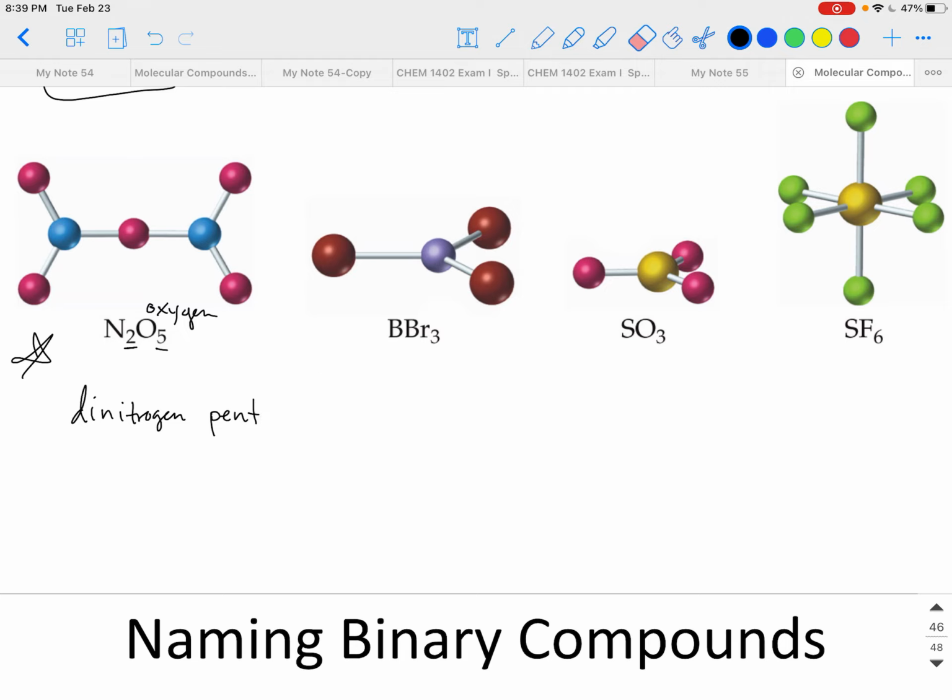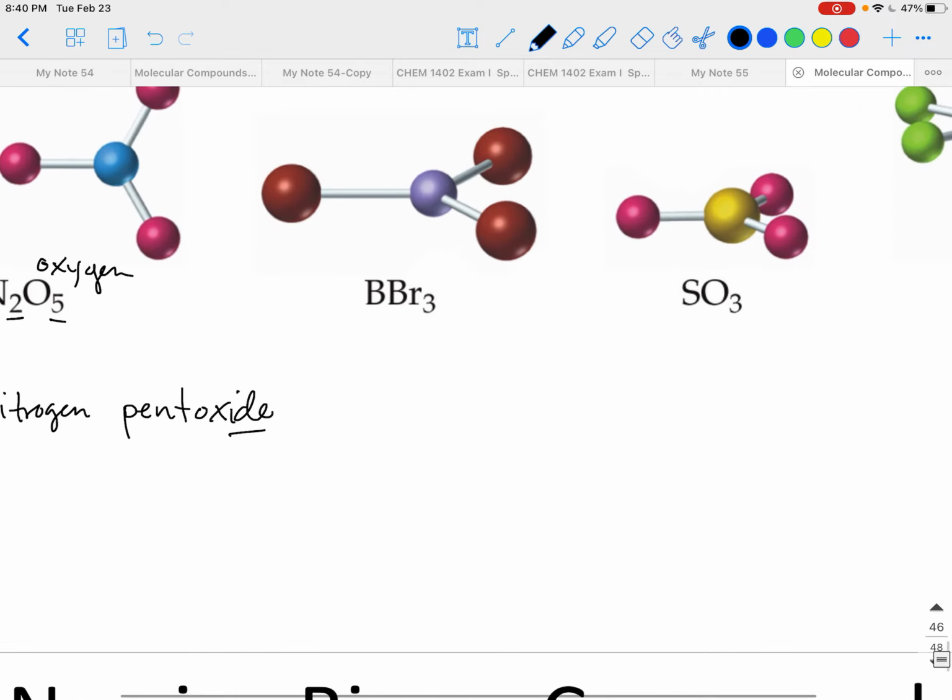Okay? It's kind of a weird thing. It's more of an English thing than it is a chemistry thing. But we'll just call it pentoxide. Remember to change the name ending to IDE. So omit the A, because we don't have to have those 2 vowels next to each other. So dinitrogen pentoxide, not pentaoxide.